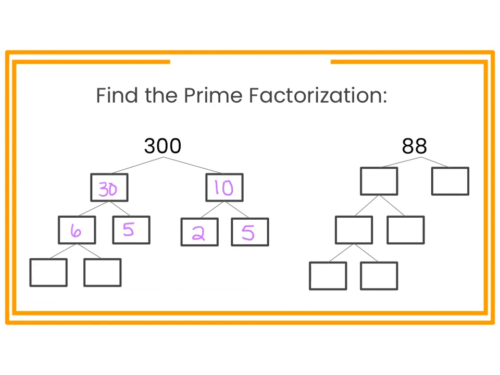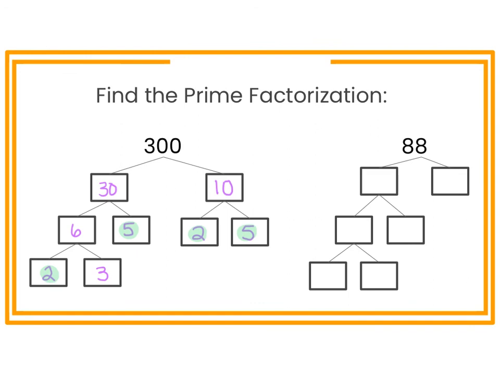Next, I'll circle my prime numbers. Six is a composite number, so it needs to be broken down even further. 6 can be broken down into 2 times 3. And now I'm left with only prime numbers.